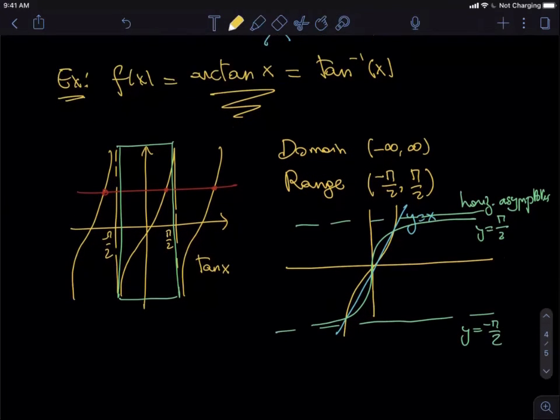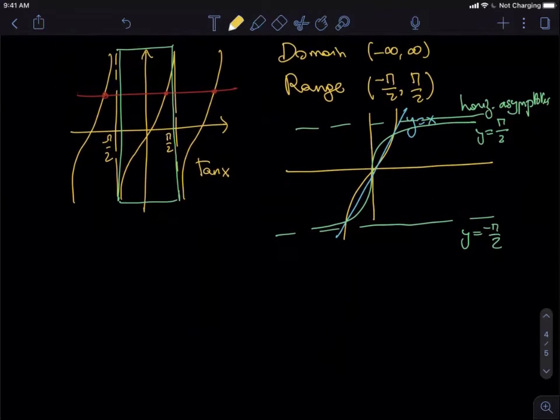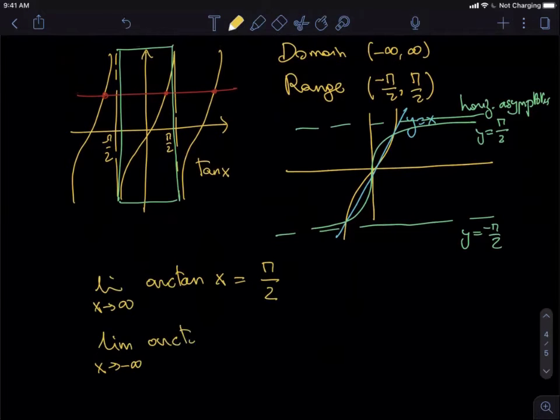One more thing, I want to make this more explicit. When I say that they have a horizontal asymptote, what I mean is when I take the limit as x tends to infinity of the arctangent of x, that's going to be pi over 2, and the limit as x tends to negative infinity of the arctangent of x, that is going to be negative pi over 2.